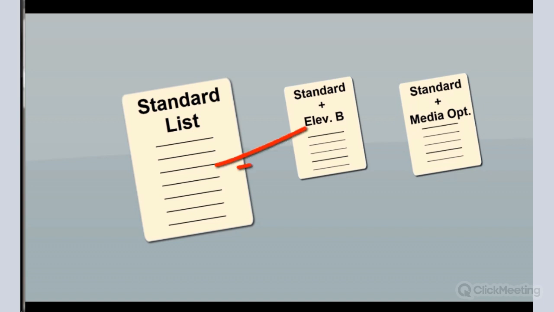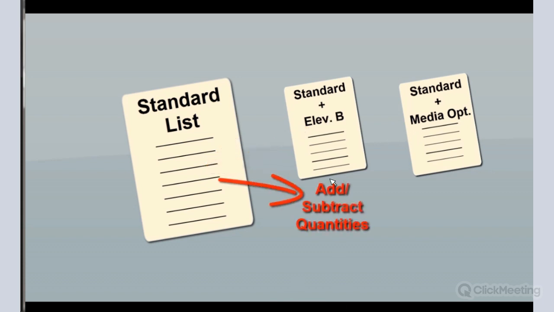But then you're able to run a report at the end, and you can compare, here's what I need to do to build elevation B, compare that to the standard list, and what materials do I need to add, and what materials do I need to subtract in order to achieve that particular option.